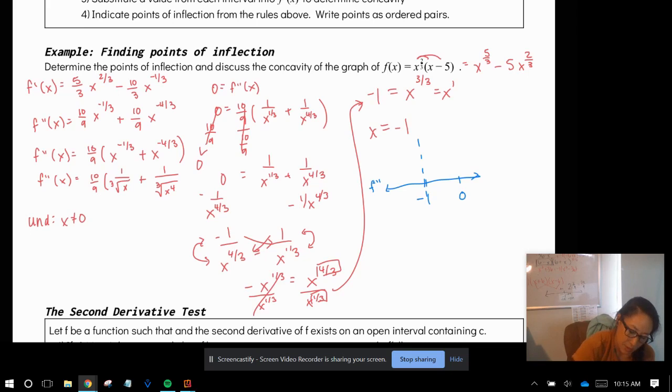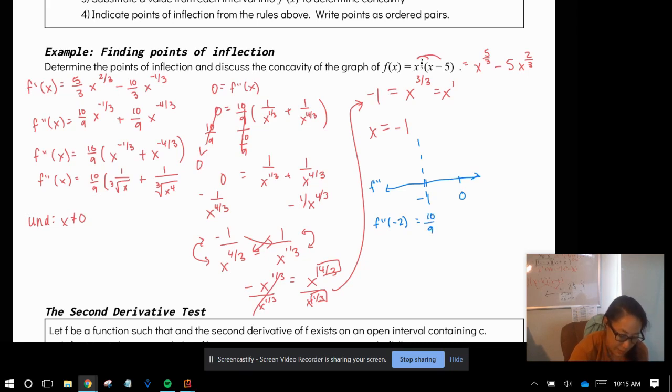So first I'm going to test f double prime of negative 2. And I get 10 over 9 times 1 over the cube root of negative 2 plus 1 over the cube root of negative 2 to the fourth. And so the 10 over 9 is positive.